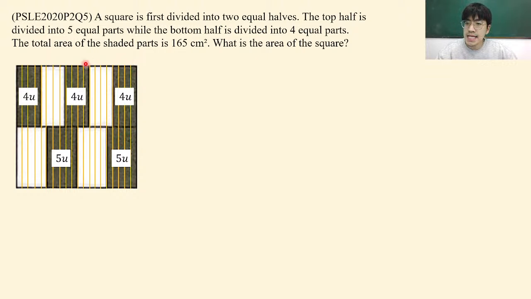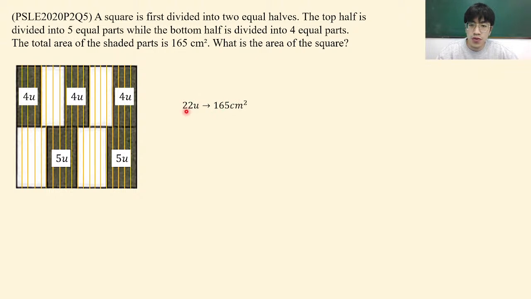So we see that this shape over here consists of how many units? Consists of 40 units. But then only 22 units over here, these 5 numbers add together, are shaded, which constitutes 165 centimeters squared.